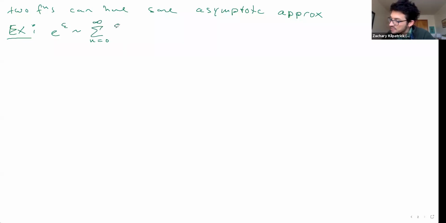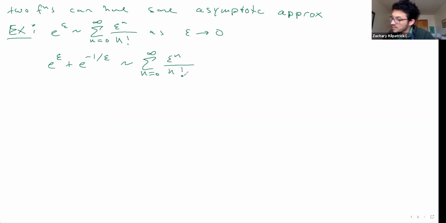That's got a power series that we can get through Taylor series expansion, for one particular asymptotic approximation. But if we add on e to the minus 1 over epsilon, that's going to be smaller than any of the terms in this series.